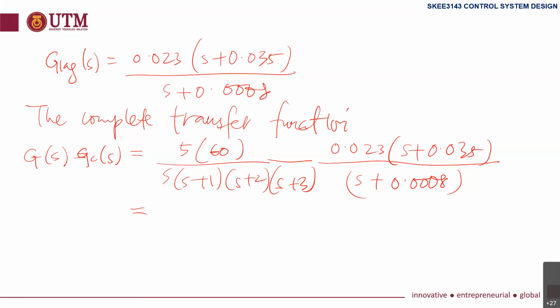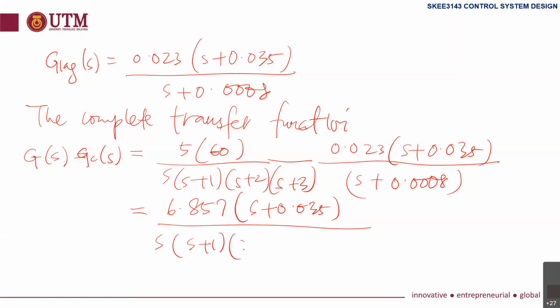You can multiply times 300, 6.857. This is the final answer.